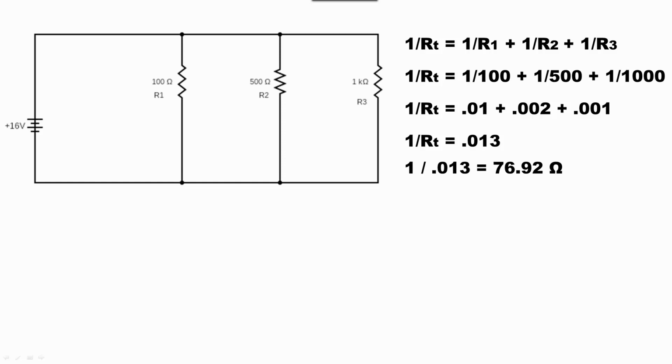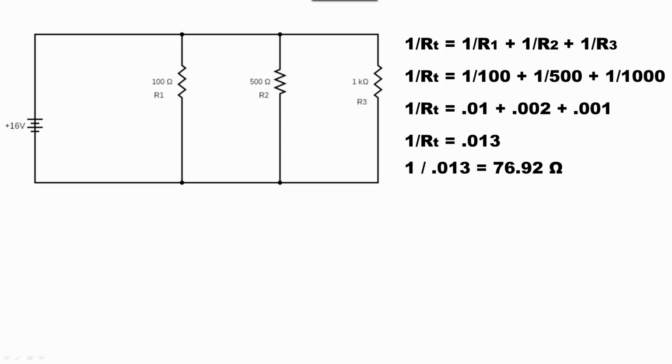And 1 over 0.013 equals 76.92 ohms. We see that this is the same as what we measured. Now we also see that the value is less than the smallest resistor, which is the rule of thumb.